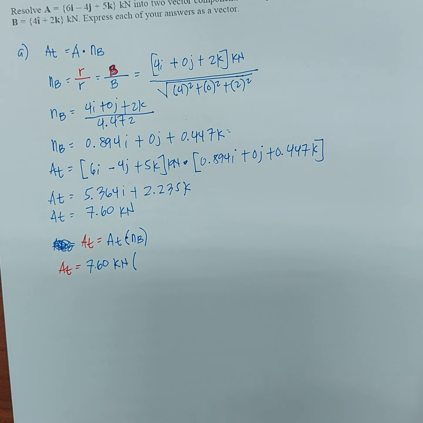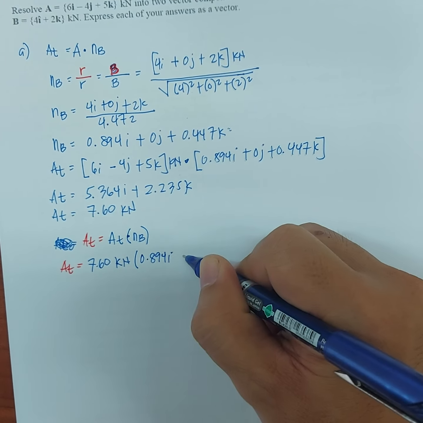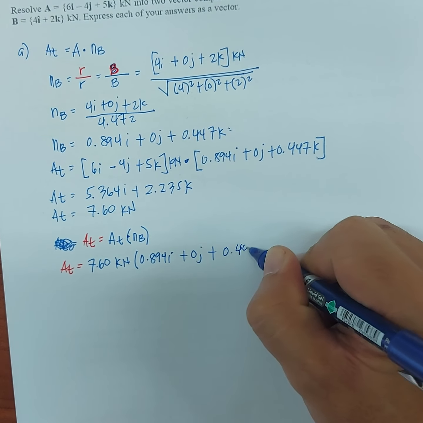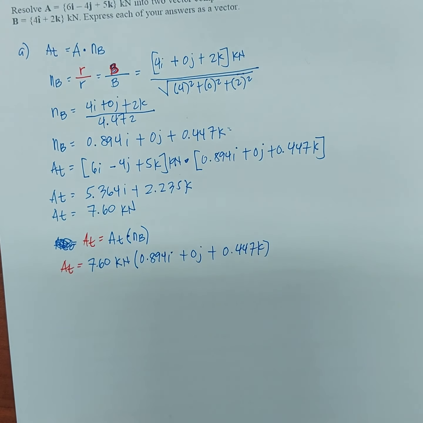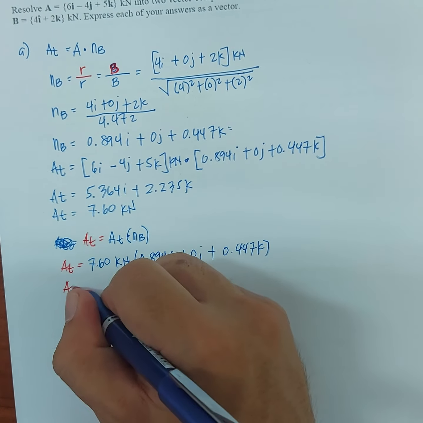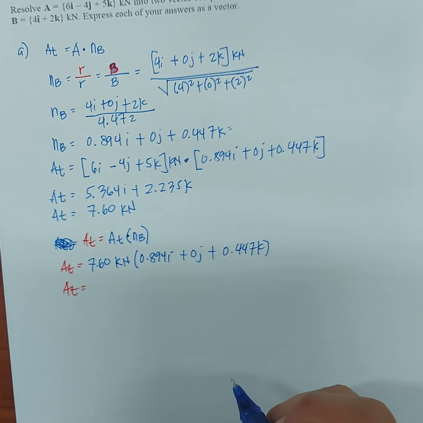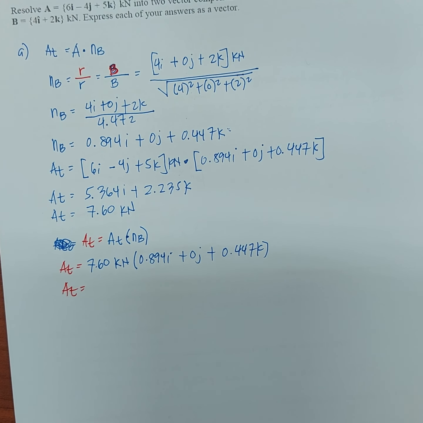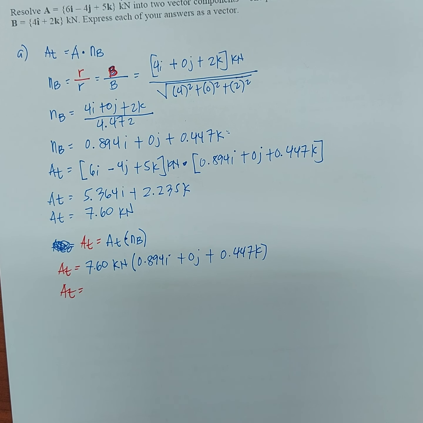So we have 0.894i plus 0j plus 0.447k. Let's solve. 7.6 times 0.894 is 6.794.